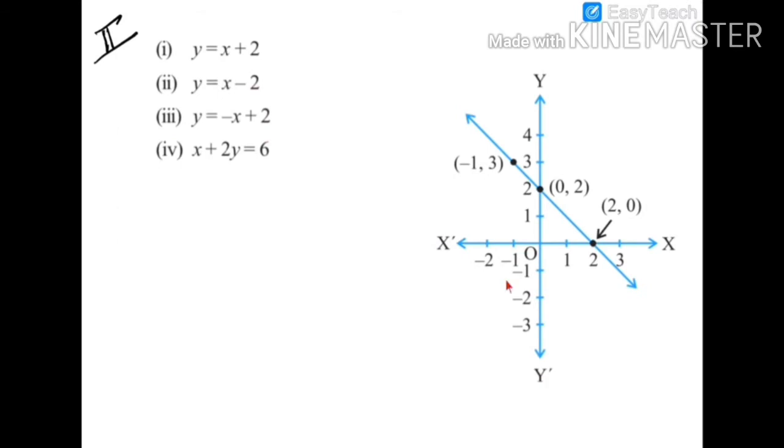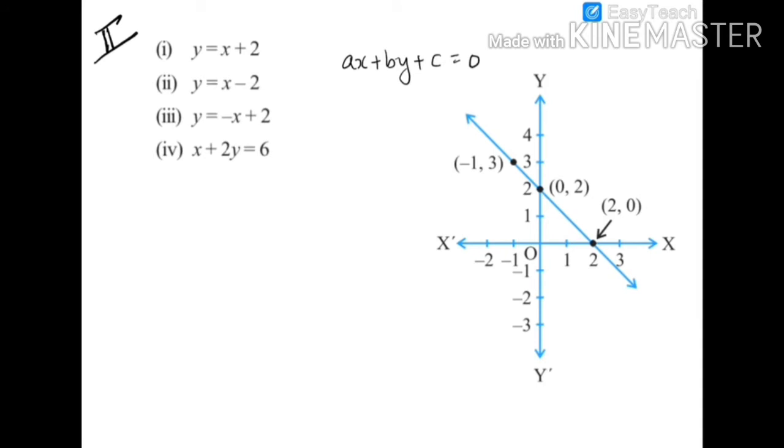Here is the second graph with 4 equations. All these equations are of the type ax plus by plus c equal to 0, where there is a constant term.